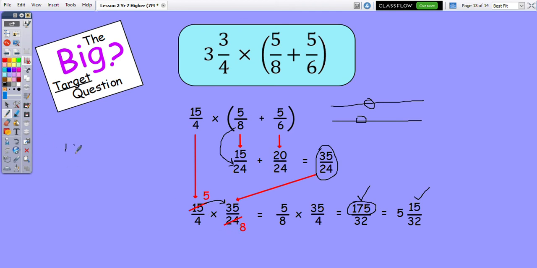So I rewrote the fraction as 15 over 24 multiplied by 35 over 4. Now I know that I can simplify that fraction because both those numbers are divisible by 3.